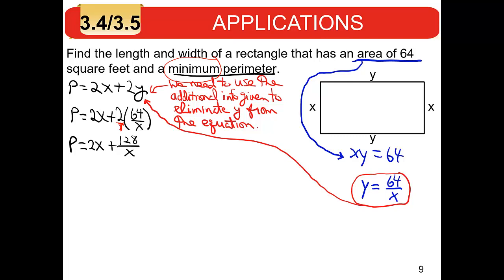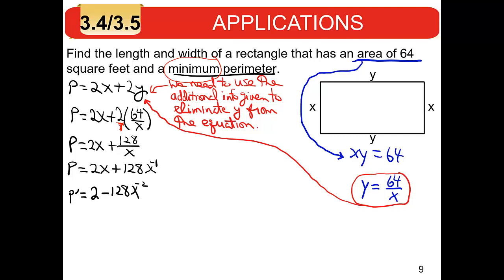I know I'm going to be taking the derivative next, so I probably want to write that 1 over x as x to the minus 1. So I end up with P equals 2x plus 128x to the minus 1. That's in the perfect form to take the derivative. So I take the derivative. P prime is 2 minus 128x to the minus 2.